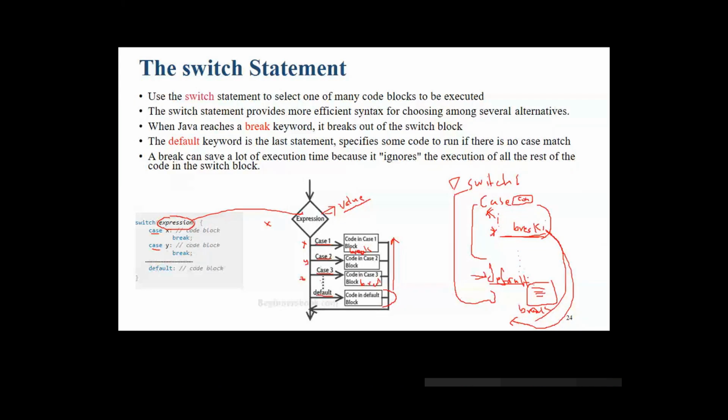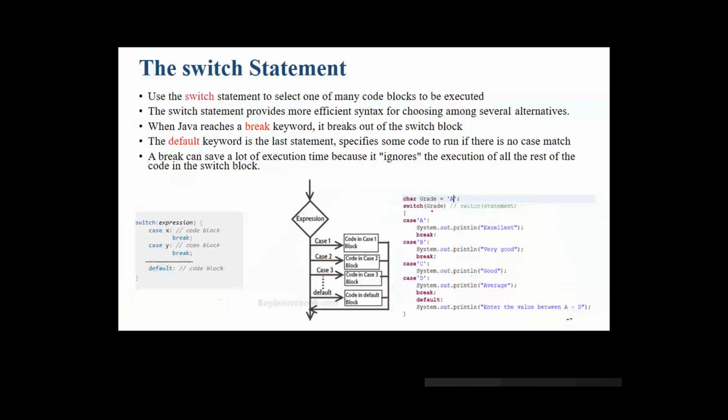Okay, great. Now, the good thing is that it's very flexible, and this is an example. For example, we have a variable called grade, and this grade has a value A, for example.